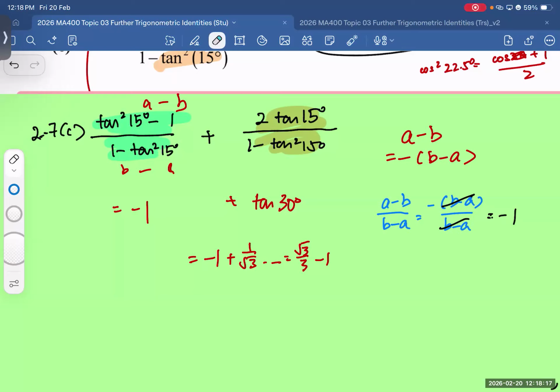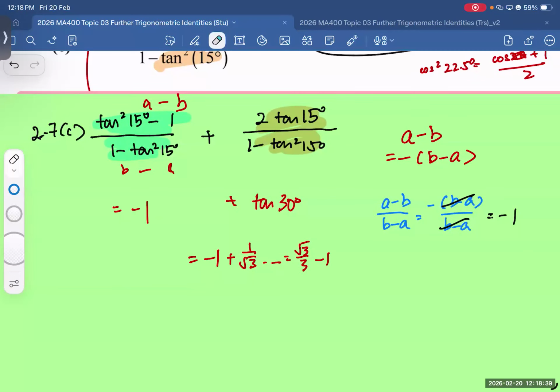Oh, I always remember smallest angle, smallest figure. You start from 0, 0 is here. This is the smallest thing. 0, 30, 45, 60, 90. Cosine 30, this is here, correct? Where is the left hand side?